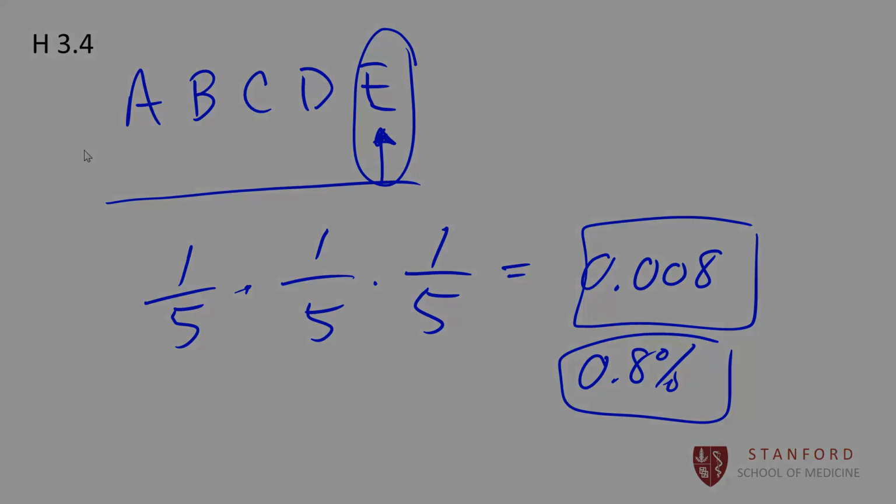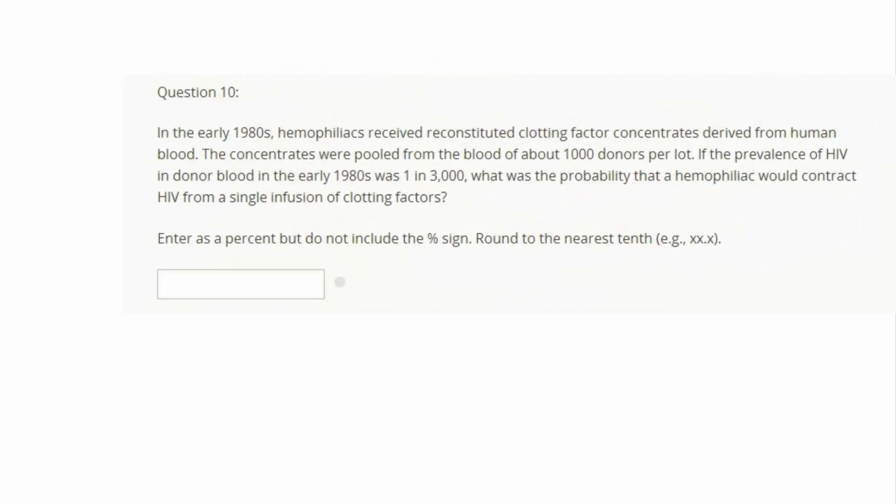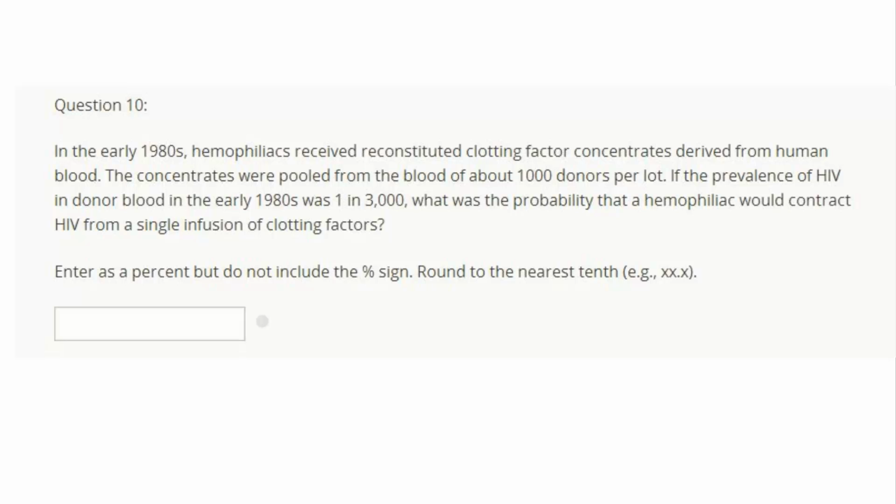So then we move on to the last question in this data set, and this is again another quote-unquote at least type probability problem. So let's keep that in mind as we think about this. So the question starts out by saying that in the early 1980s, patients received reconstituted clotting factor derived from human blood.